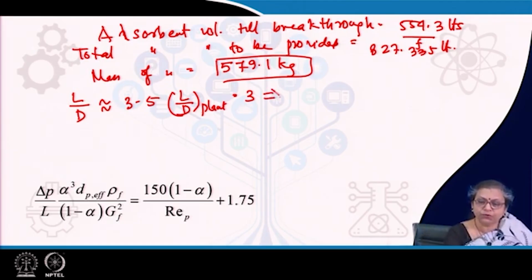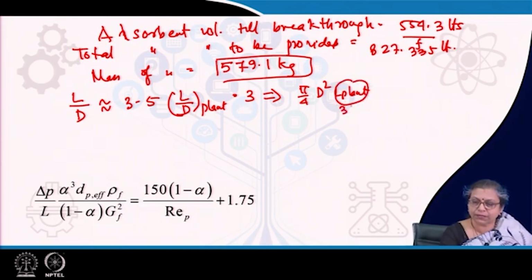So, from there what do we get? We get pi by 4 D square into L plant, where this L plant is nothing but 3 D. From there we know the entire adsorbent volume, the total volume that is required. So, using this particular equation, we can find out the D plant and the L plant.